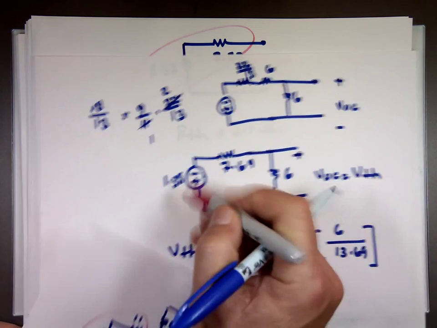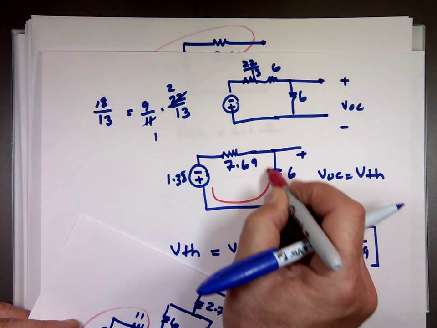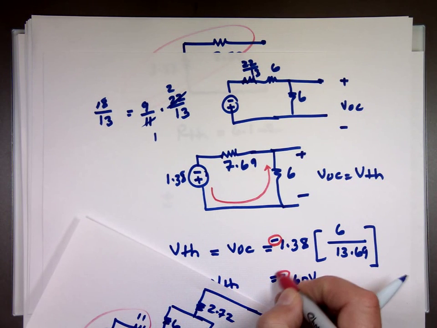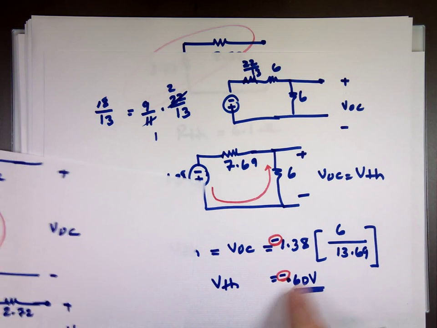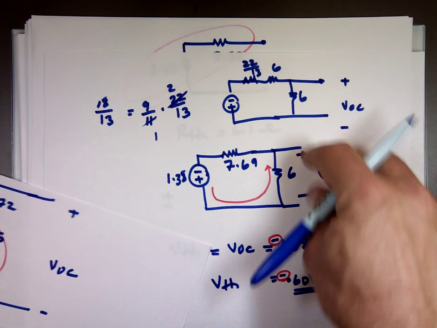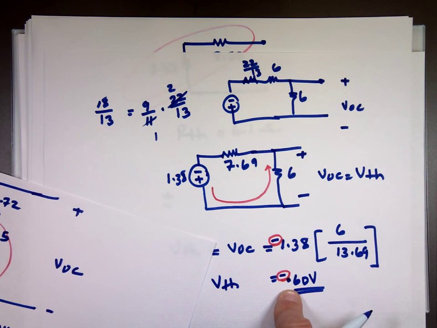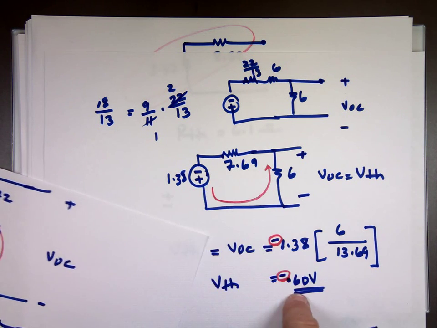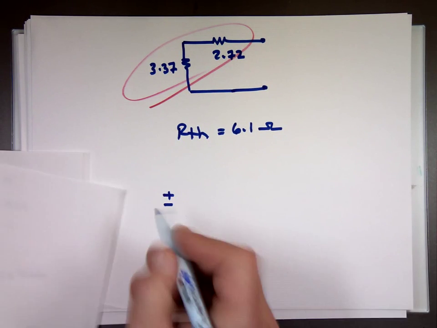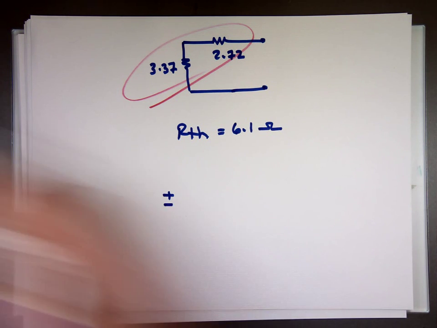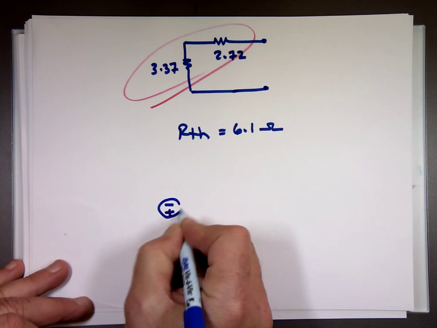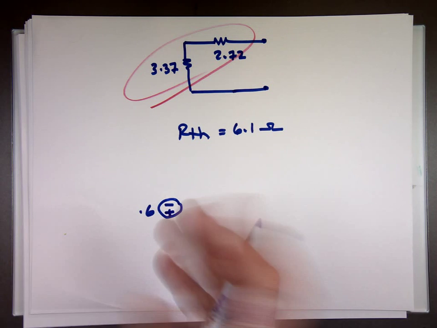When you have a source with a negative sign, it goes through it this way. The value is going to be 0.6, but it should be minus to plus, not plus to minus. If you want to put plus to minus, you have to write negative 0.6. If you make it minus to plus, it will be 0.6. So my V Thevenin, if I want to go the correct direction, should be minus to plus 0.6, or I can reverse it, plus to minus negative 0.6, either way.